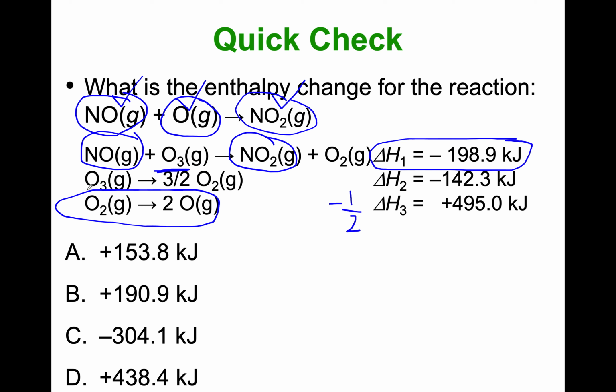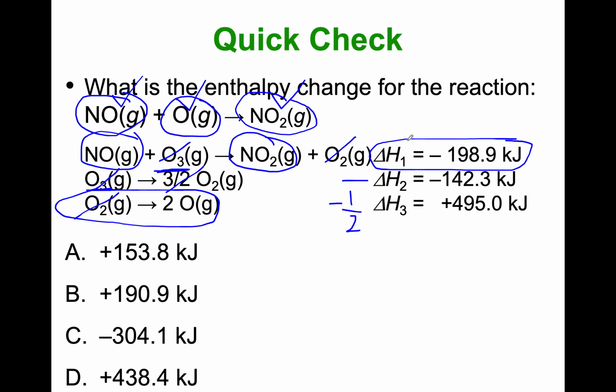O3 is ozone, so this has got to be canceled. So we flip this one, and now our ozones would cancel, because that'd be on the opposite side. And this is 3/2 or 1.5 O2 on the left. And remember, this was flipped and 1.5 O2s, so that would also cancel.